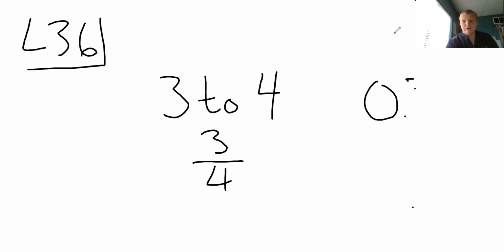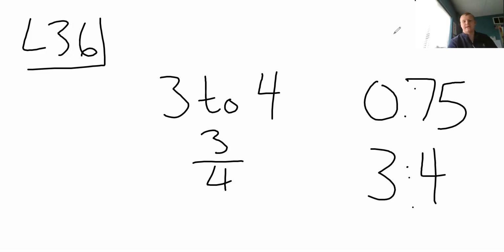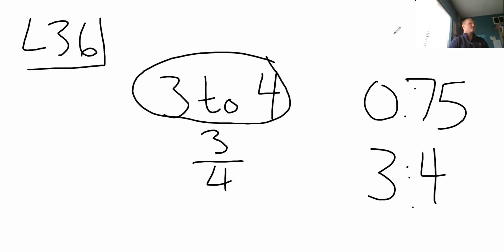So I'm showing you 4 different ways of listing a ratio, which I've gone over in some math this year. I can't remember which math I already did this with. The very first example is 3 to 4, the one I just circled. That's one example of doing ratios.